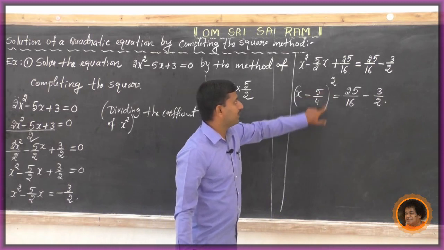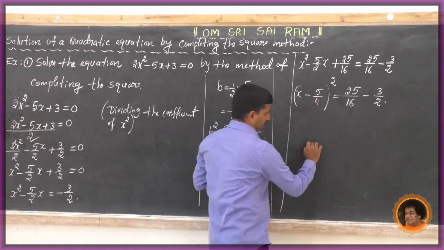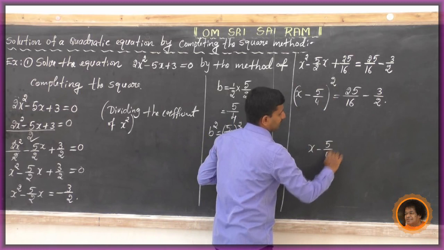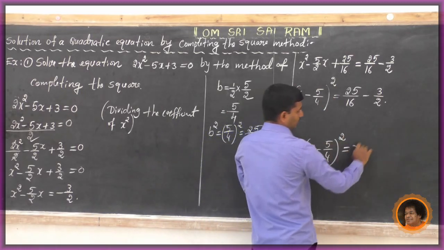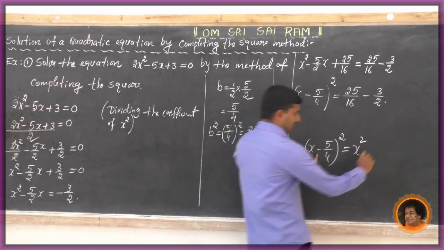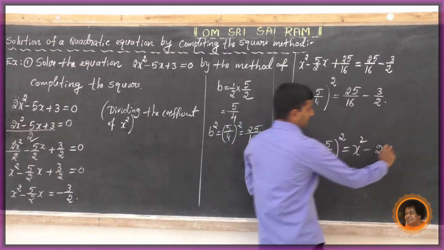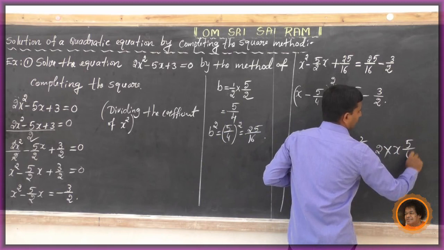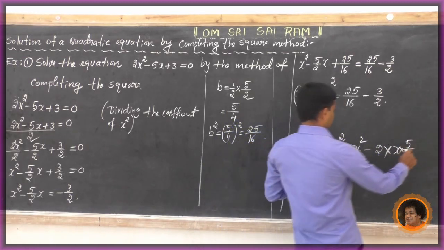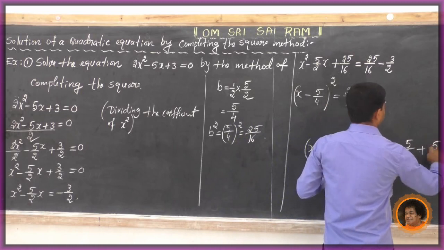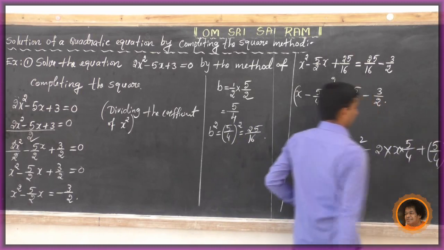x minus 5 by 4 whole square expansion. So x minus 5 by 4 whole square. Its expansion: a square means x square, minus 2ab, 2 into x into 5 by 4, plus b square, 5 by 4 whole square.